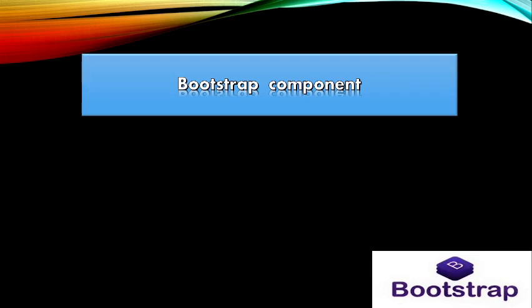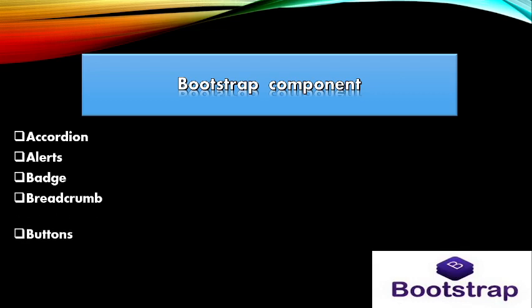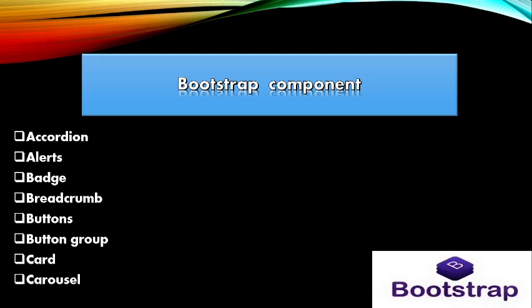Now the next topic is Bootstrap components. Accordion, alerts, badges, breadcrumb, buttons, button group, card, carousel, which is also called a slider.